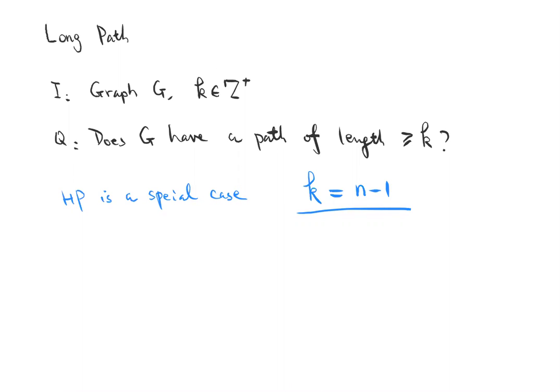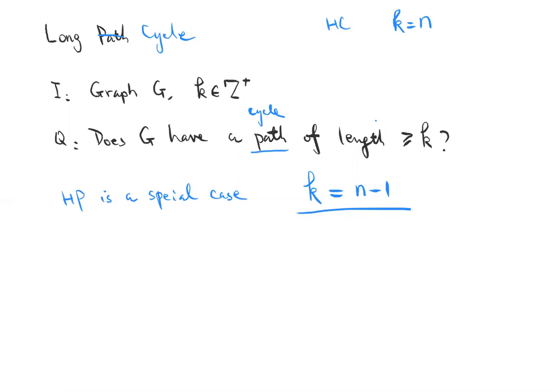All right, if we change path to cycle, if we're looking for a cycle of length at least k, then Hamiltonian cycle is a special case if we set k to be n. So Hamiltonian cycle is a special case of long cycle.